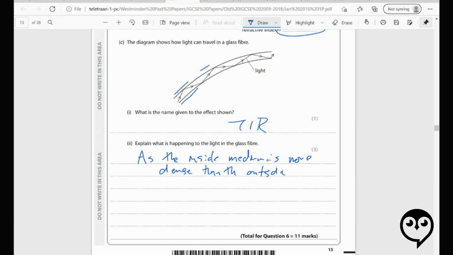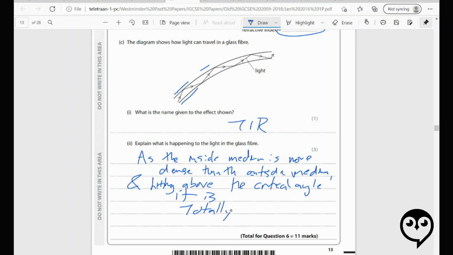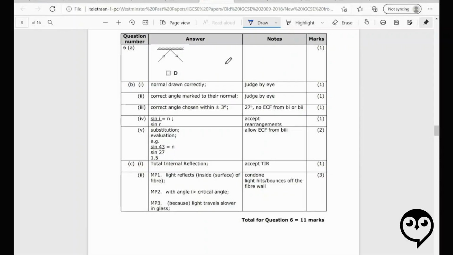It's more dense than that material, whether it's that or the air. It's more dense than the outside medium, and hitting above the critical angle, it is totally internally reflecting. Like, totally, dude. Totally. Right.